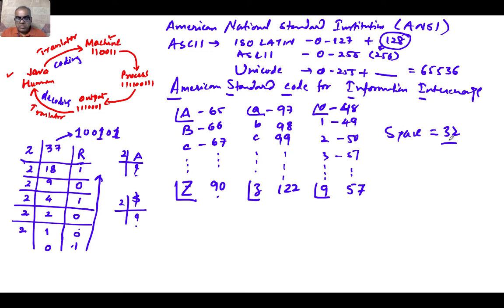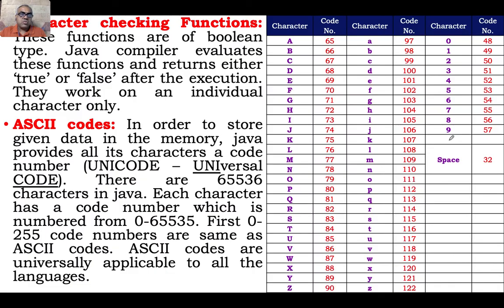Now let us move to the next slide, which is showing the same thing which I have just explained. So I'm going to skip this and go to the next one. These are the code numbers given in sequential order for each character: 65, 66, 67, 68, 69 and so on till 90. And of course for 97, 98, 99 till the last, every character's code number is mentioned here.